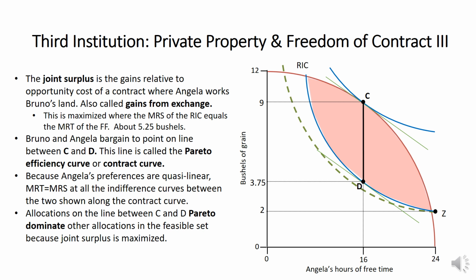And so you can imagine that if you pick some other bundle in the pink area, we know that the total joint surplus is going to be lower for that allocation. And that means that Bruno and Angela could bargain over the difference in surplus that would put them onto the contract curve. And both of them could potentially get a little bit of that, and then they would want to move to an allocation on the contract curve.